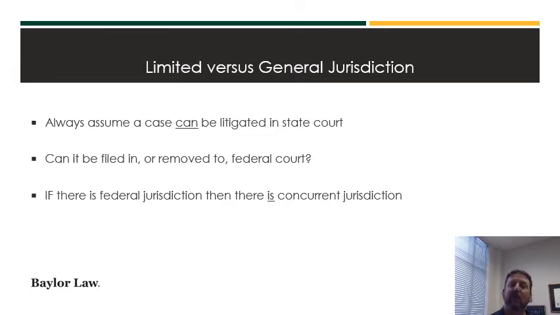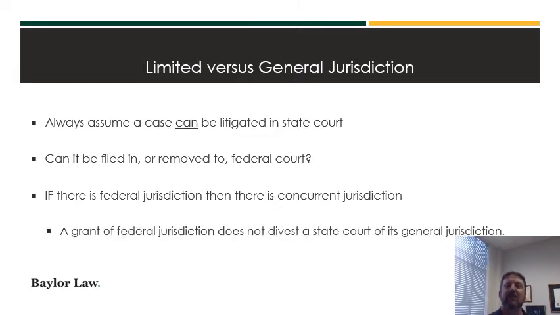Let me say that another way and then I'll say it a third way. A grant of federal jurisdiction tells the federal judge you can hear this case, but that is not the same as saying state judge you can't.